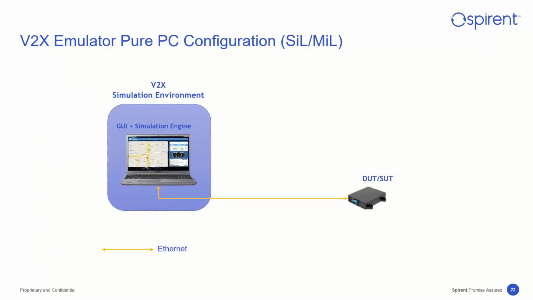So it's a modular solution, allowing you to test from an early stage while you only have a software in your loop. So it can be a software or a model, like a simulated model. So you can connect directly to the test tool and test your system against that.